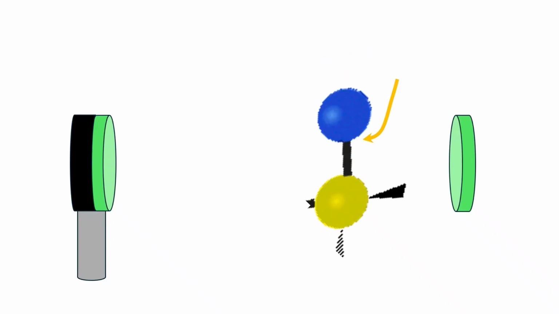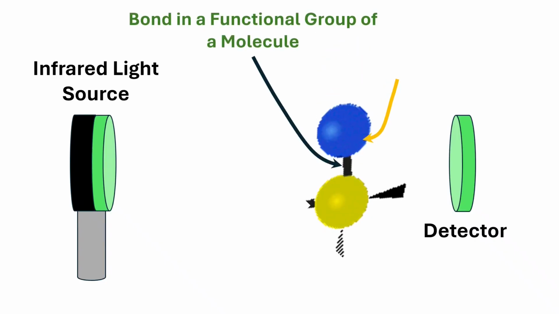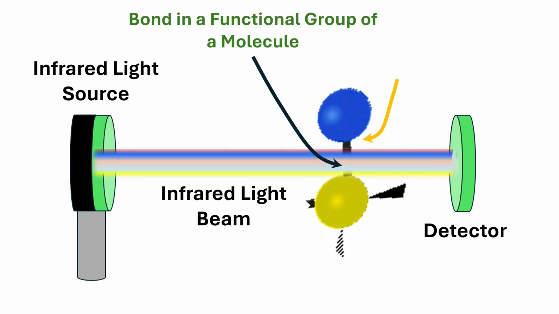In this diagram, we can see an infrared light source, a detector, and a bond with vibration of an atom. It is a stretching vibration. Then we can pass an infrared light through the chemical bond. What would happen? Either the bond can absorb light energy, or light could pass through the bond without causing any effect.